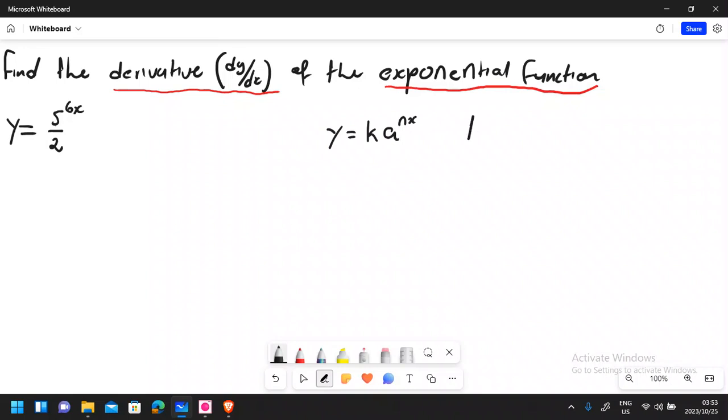And then when we find dy/dx, this is gonna give us something like this: n multiplied by k, and then a^(nx), and natural log a.